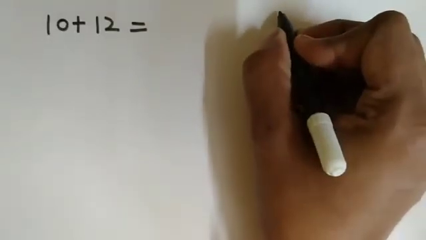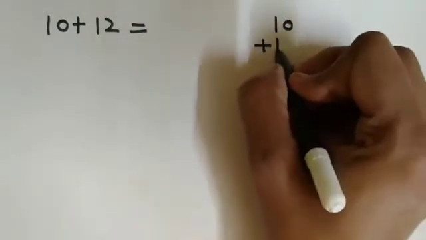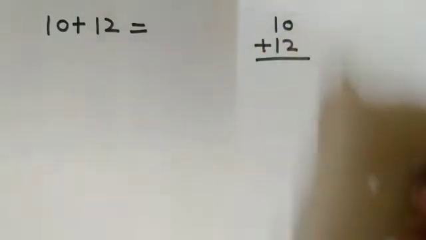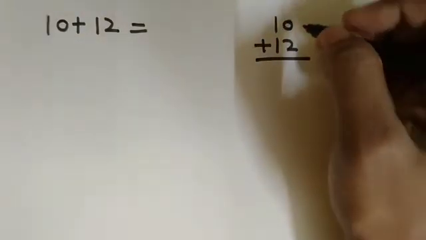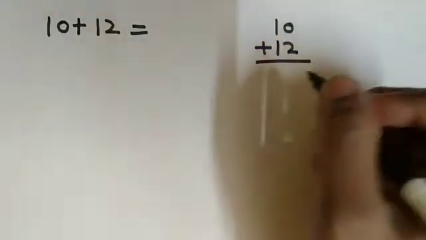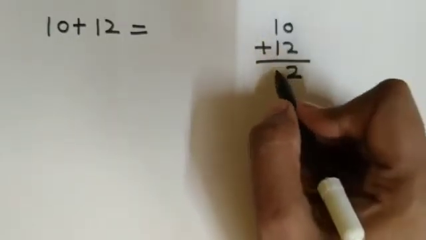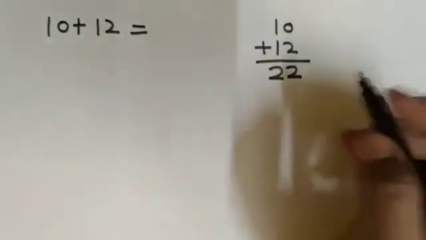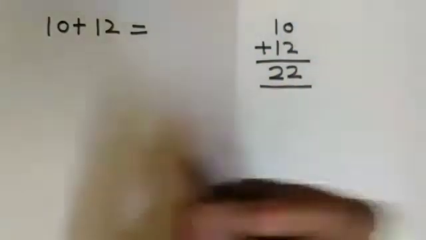Let's solve by the vertical method of addition. 10 plus 12. Write one below the other. Then start adding from the unit place. 0 plus 2 is 2. 1 plus 1 is also 2. Means 10 plus 12 is 22.